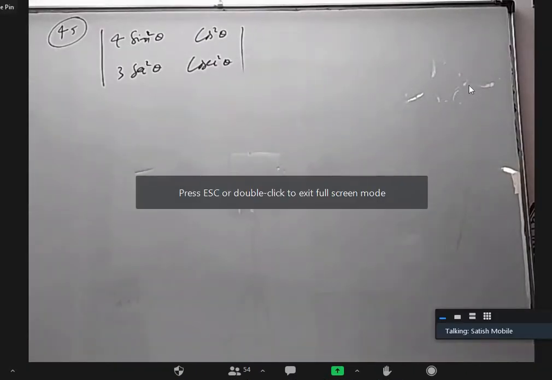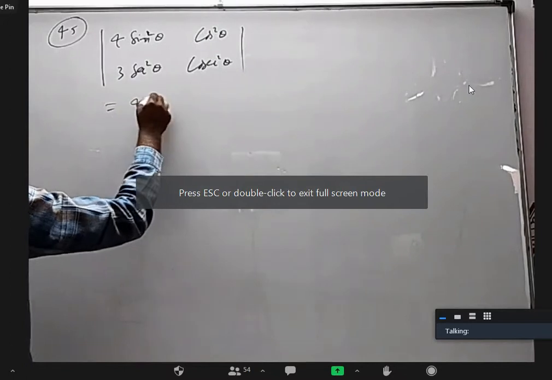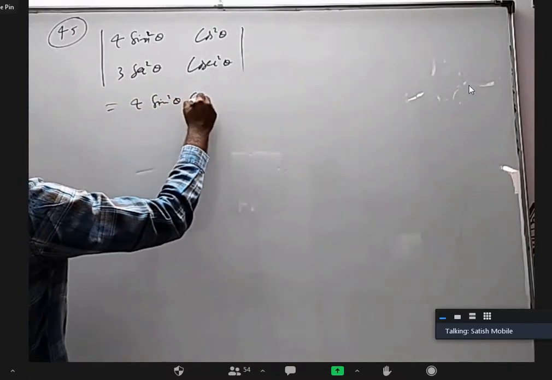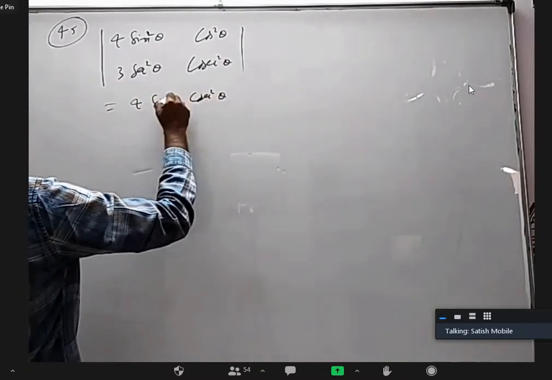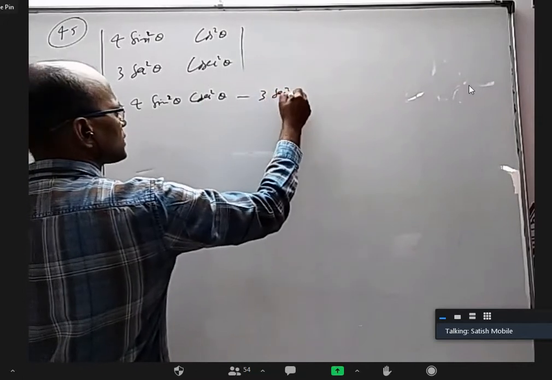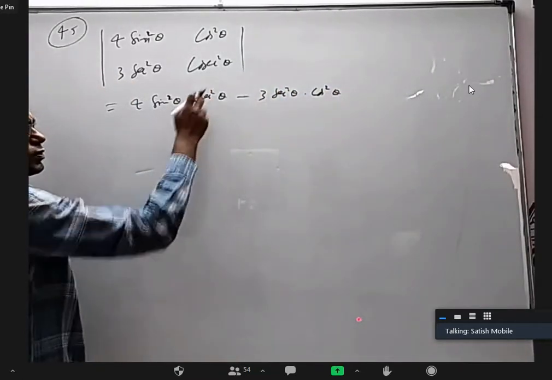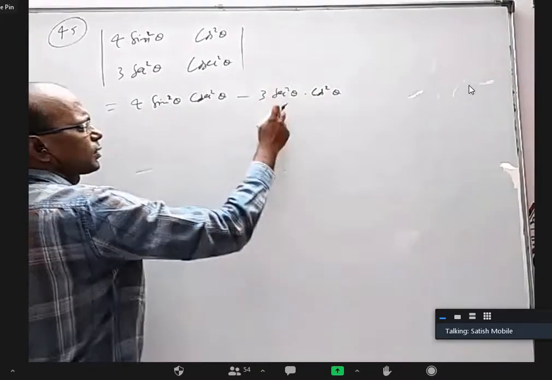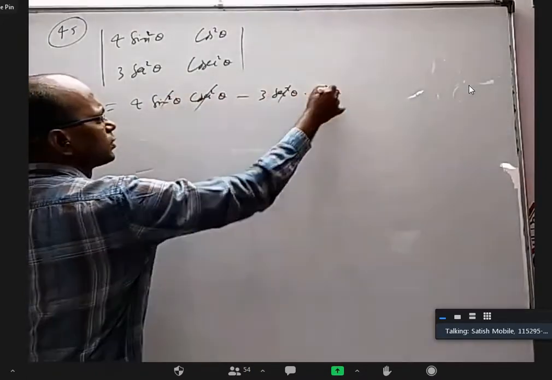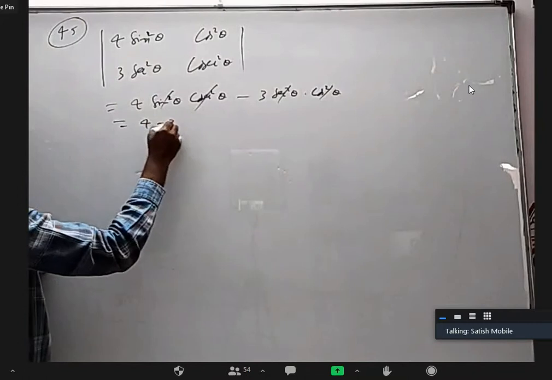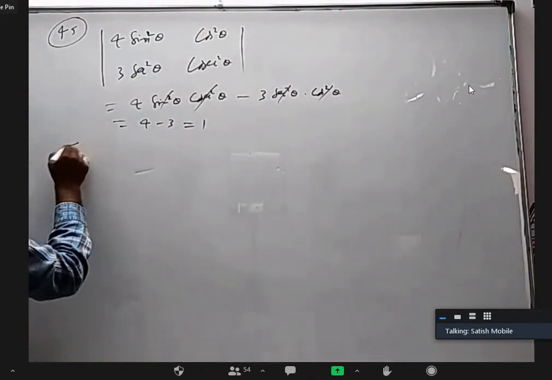Just a simple one, nothing much. 4 into sine square theta into cosecant square theta minus 3 secant square theta into cos square theta. This product is 1 because cosecant square is 1 by sine square. This is 1 by cos square. They cancel. The determinant is 1, sir. Yes, simply 4 minus 3 and it is 1.